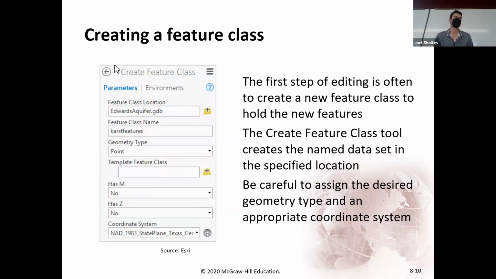N means it has topologic information, network information, meaning this is connected to this. Z means they're 3D points as opposed to 2D points. Then you give it a coordinate system. There are some other steps as well, but those are the basics. Once you create a feature class or a shapefile, it exists, but it won't automatically load, and it's empty, so you won't see it.